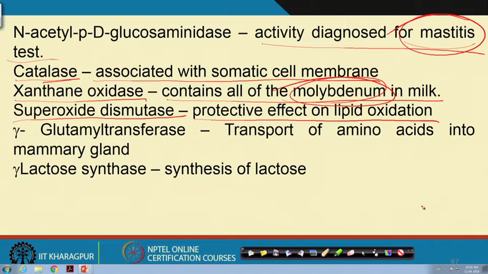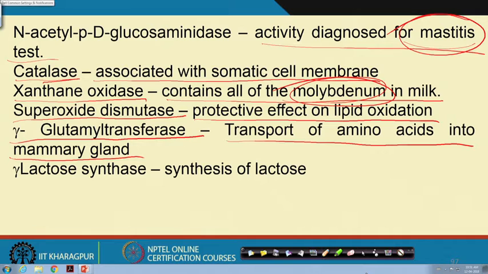So, on lipid oxidation, superoxide dismutase acts as a protection. Then gamma glutamyl transferase, it transports amino acids into the mammary gland.